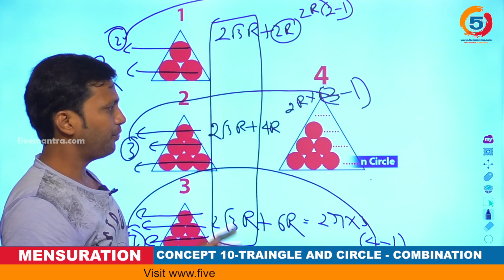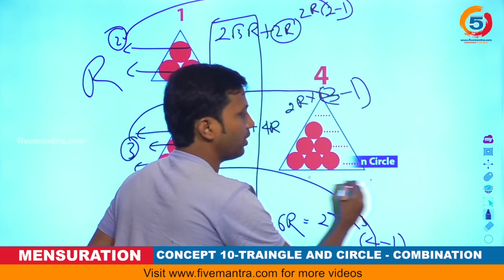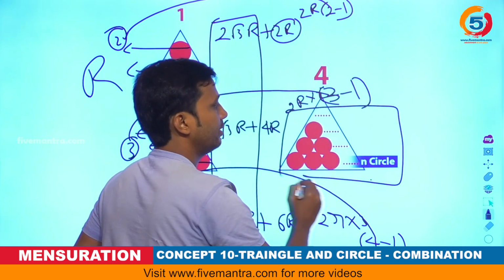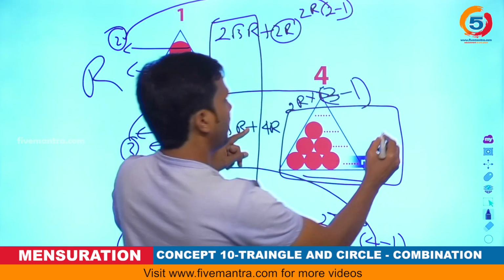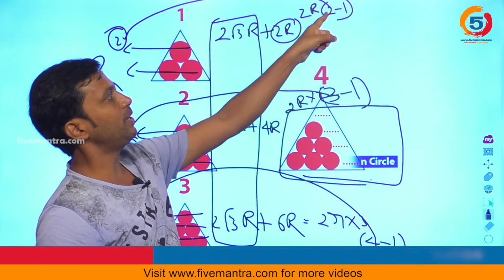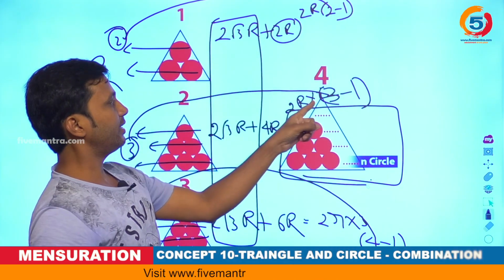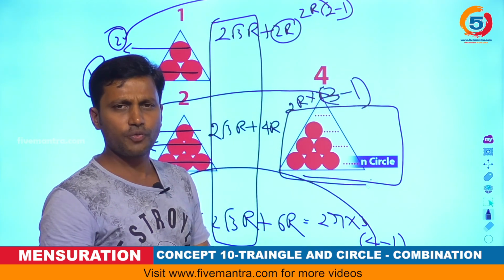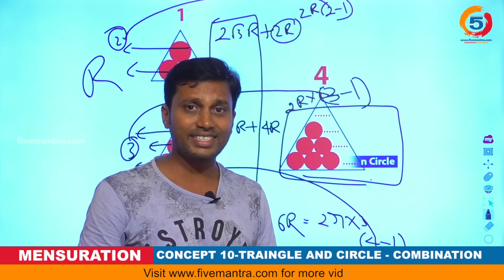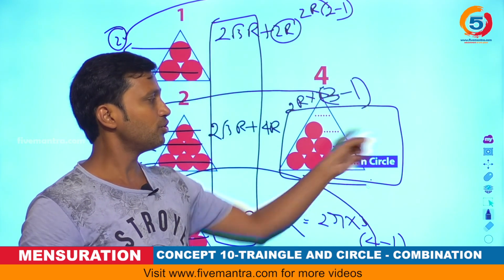So now if you extend this to n rows and n circles, what happens? The same thing. When 2 rows are there, 2 minus 1 is written. When 3 rows are there, 3 minus 1 is written. When 4 rows are there, 4 minus 1 is written. So finally, what is our answer when it is generalized to n rows?